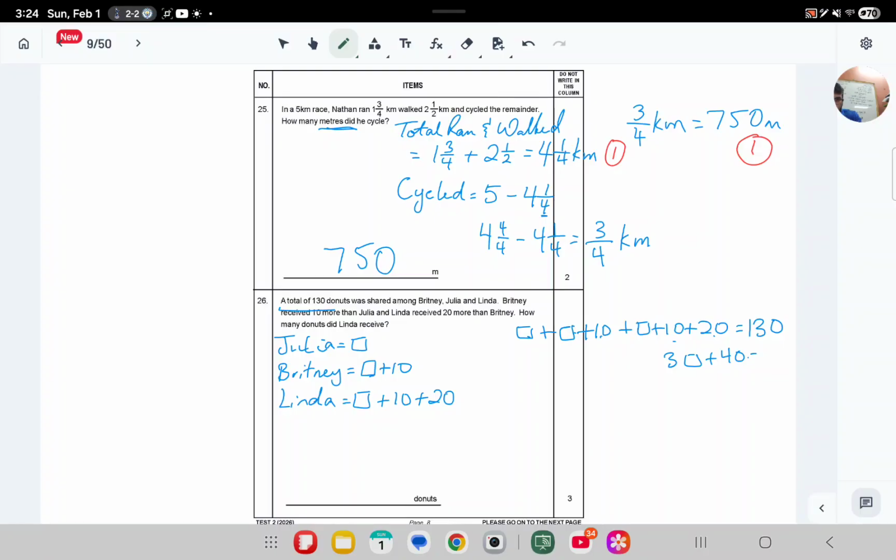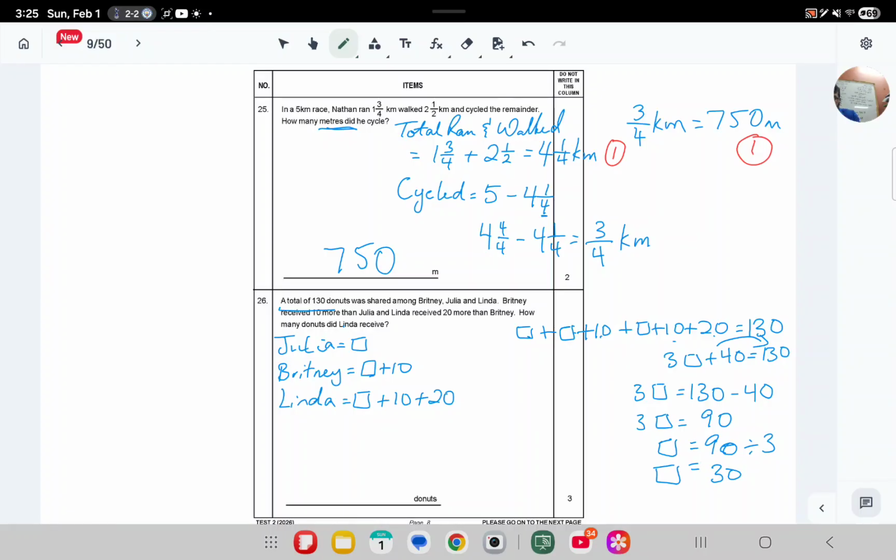Add 40 is equal to 130. So we know now that 3 boxes will equal 130 take away the 40, because we carry across the 40 to the other side. So from add 40 it will become take away 40. So 3 boxes is equal to 90. So 1 box would be 90 divided by 3, and that will give us 30.